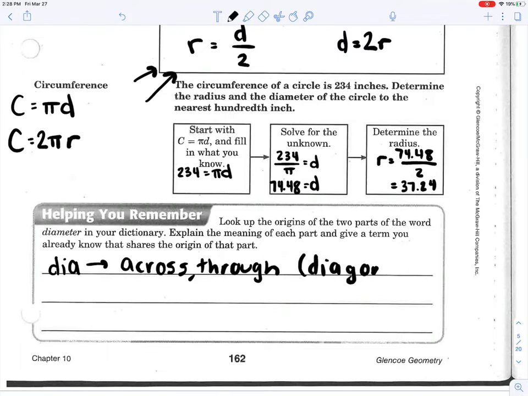Think of diagonal. The second part of the word comes from the word metron, which literally means measure. So the diameter literally means the measure across or through the circle.